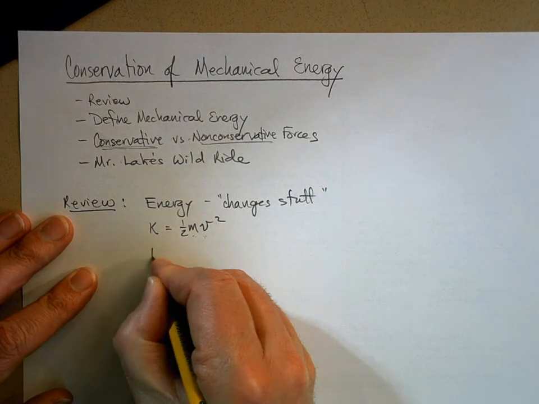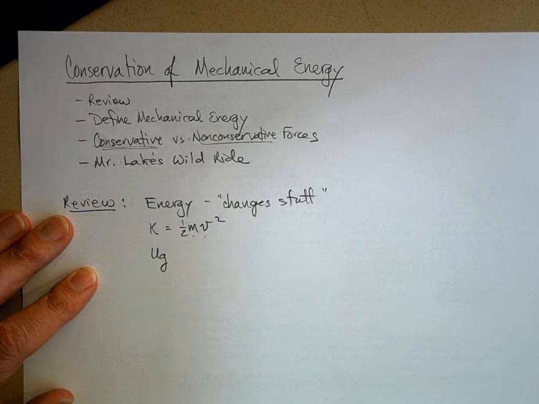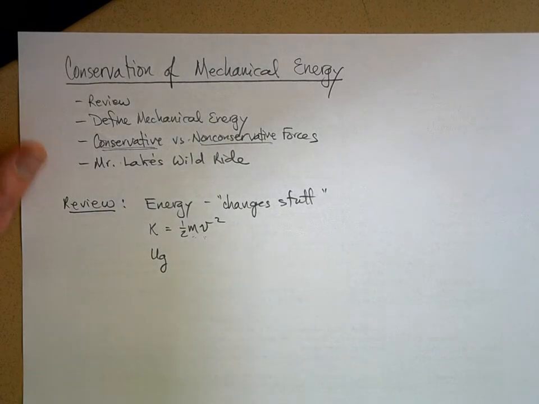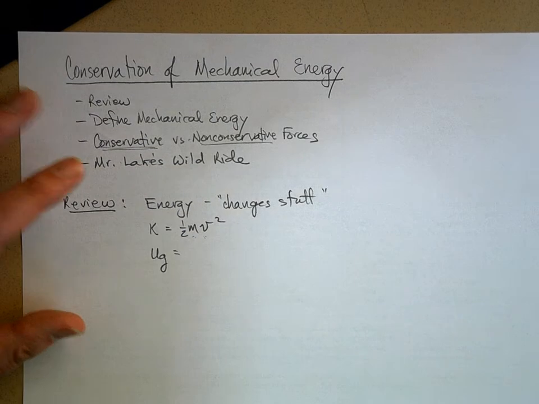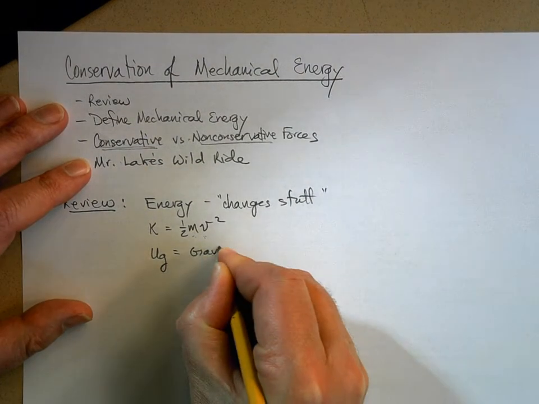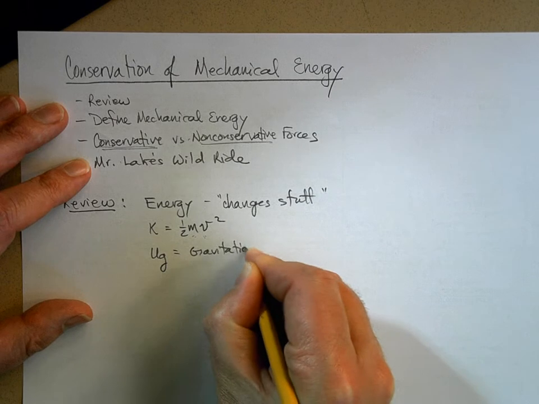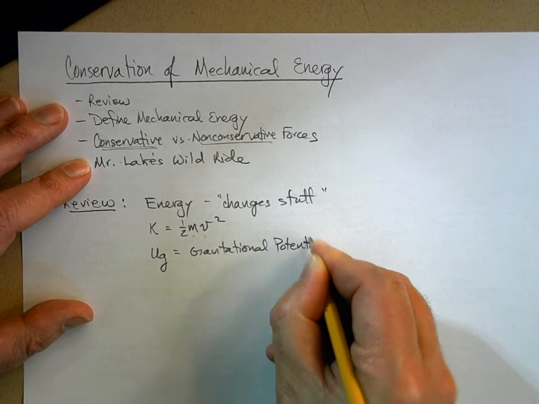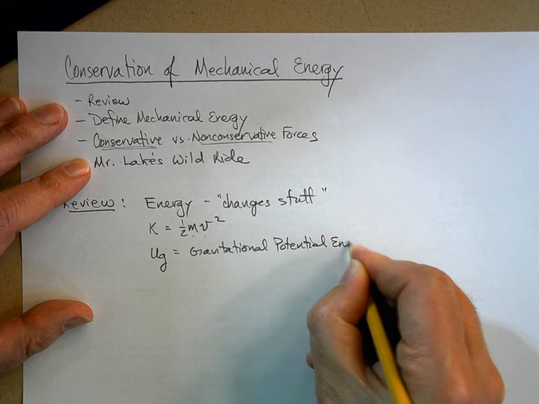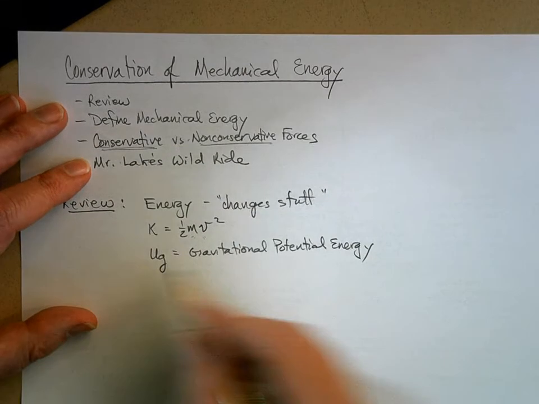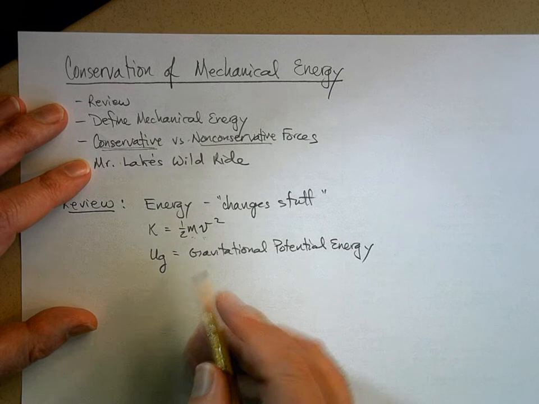Then we had U sub G, and there's the variable change, I'm sorry. U sub G is gravitational potential energy. I'm just doing that to define the variable.